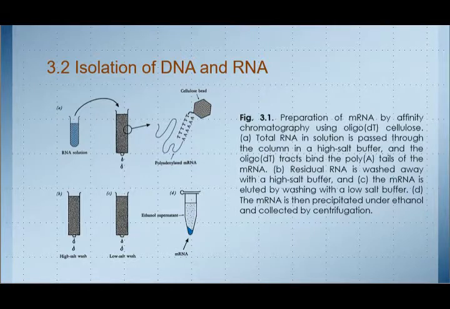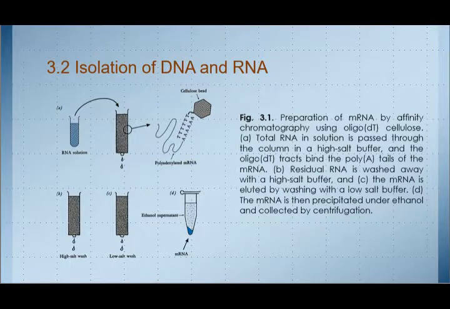In part B, residual RNA is washed away with a high salt buffer, and in part C, the mRNA is eluted by washing with a low salt buffer. In part D, the mRNA is then precipitated with ethanol and collected by centrifugation.